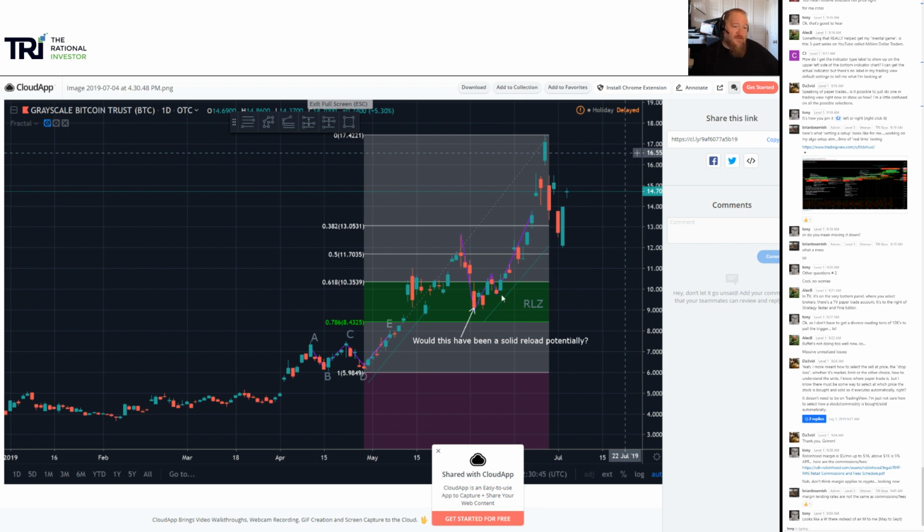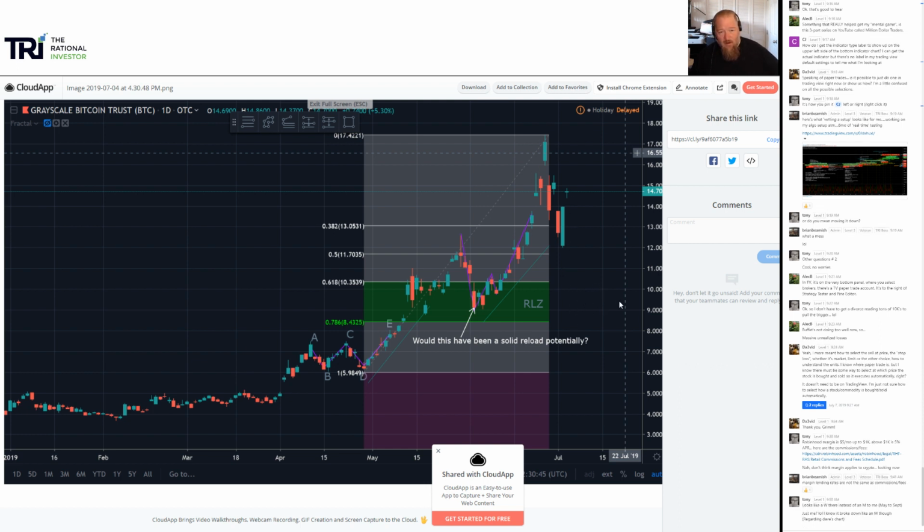So at the time this came in, this wouldn't have been in a reload zone, right? If price then came down and came into here and gave us a W down here, that would be pretty solid. Now, I don't know about looking to the left, right? This is GBTC, I think. Looking left, this might have been a reload zone from a previous move up, but we don't really know at this point, right?